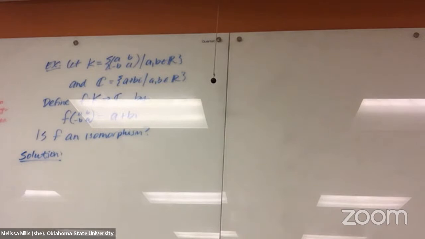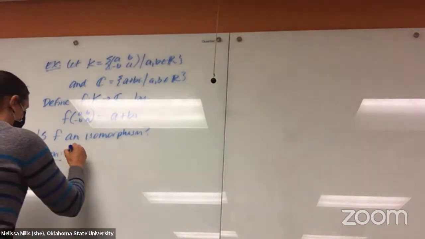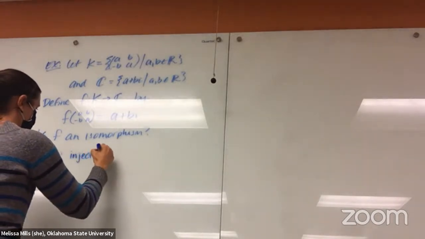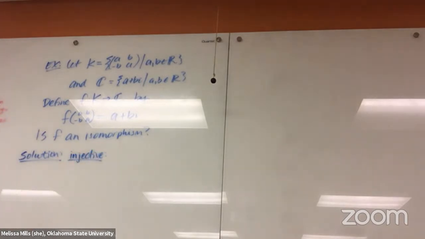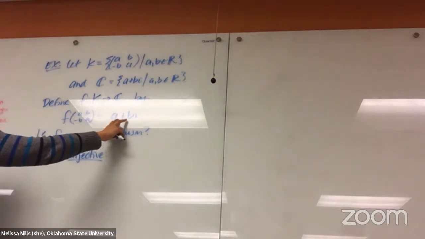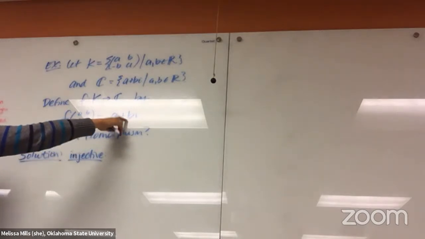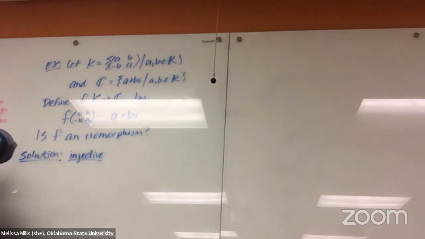Okay, so let's start with injective and surjective. Do you want to do the injective bit first? For injective, where do we start? We want to start with two things being equal to one another and try to show that the things you started with were equal.